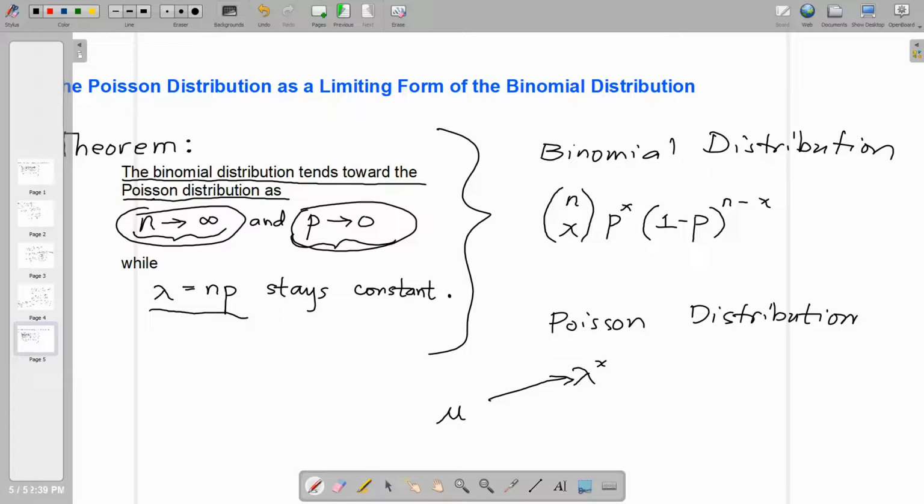So, lambda raised to x times Euler's constant, or the base of the natural logarithm e, raised to negative lambda, all over x factorial.